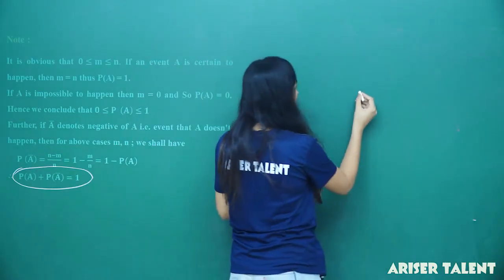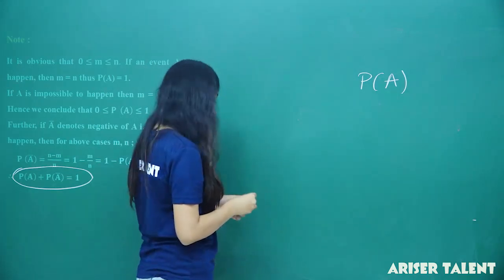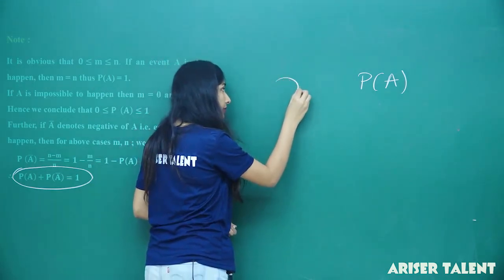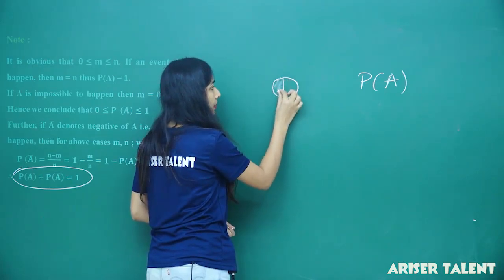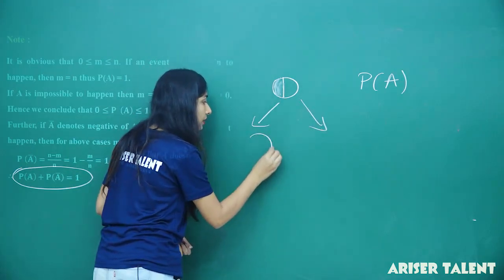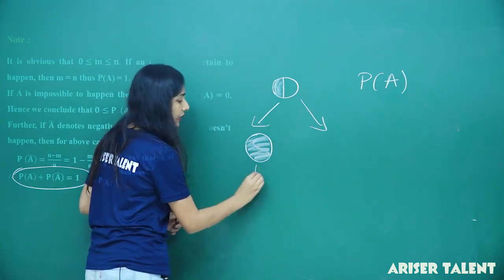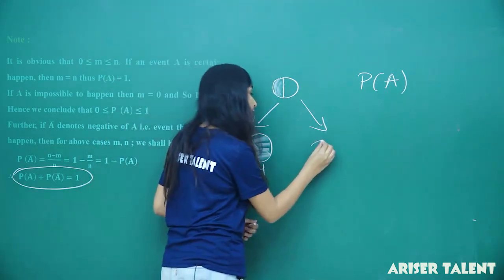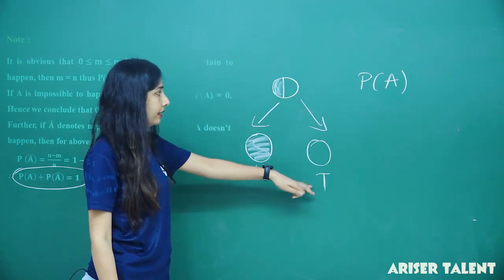Okay students, if I'm talking about a coin, a coin has two sides, head and tail. I'm telling you that this particular sign will denote head and that will denote tail.